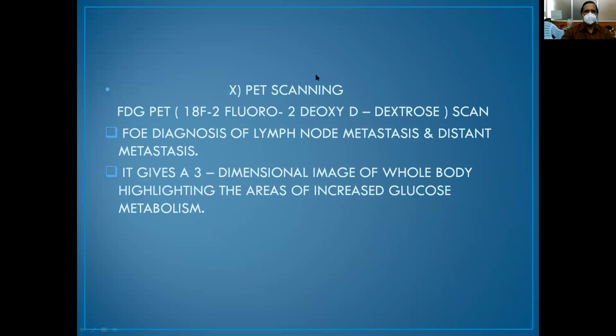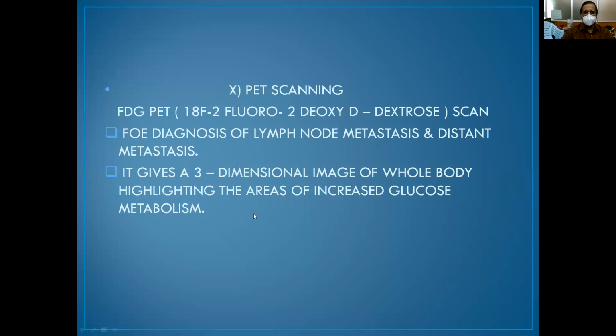And the last one is the PET scan. It is mainly used for diagnosis of lymph node metastasis and any distant metastasis, where we use FDG PET, that is 18F-2-fluoro-2-deoxy-D-glucose, and it gives a three-dimensional image of the whole body, highlighting the areas of increased glucose metabolism.